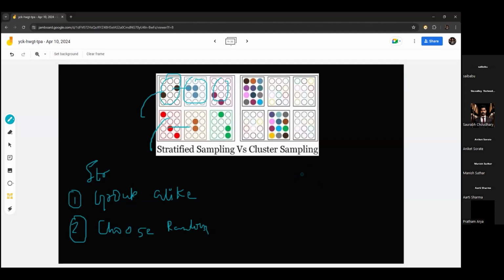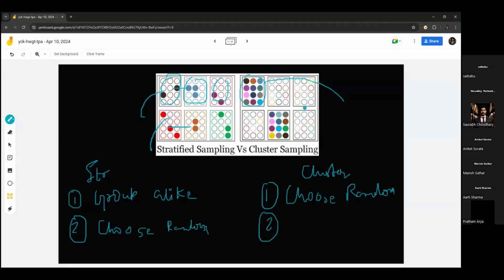But here in cluster, it is different. It is reverse. You choose random groups. It could be random because they are getting clustered, and then choosing the complete whole group, not random.